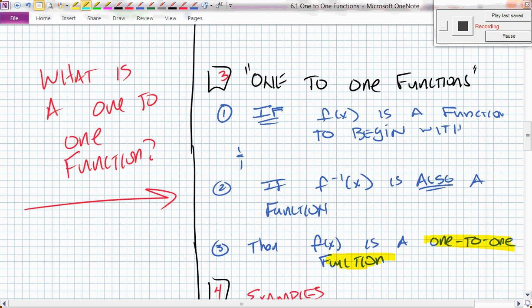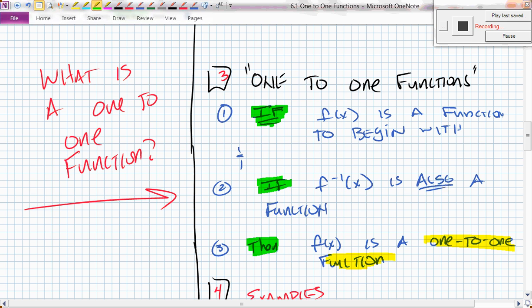Okay, so these things are if-then statements, all right? So it's if 1 and if 2, then you get 3. So if, number 1, f of x is a function to begin with, and 2, f inverse is also a function, then you are dealing with what's known as a one-to-one function. Does that make sense for you?